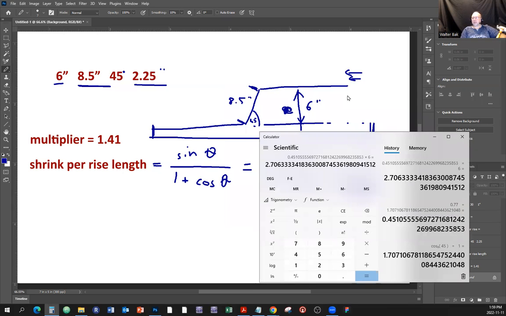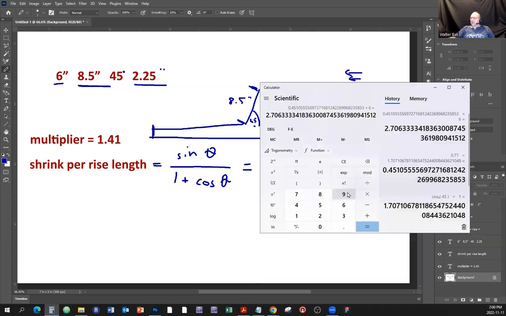So did we do something wrong? Or did I write something wrong? 6 inches, 45 degrees, still says 2.25. But according to our calculations, unless we missed something, it's slightly different. It's almost 3, so it would be closer if it said 2.5, right?